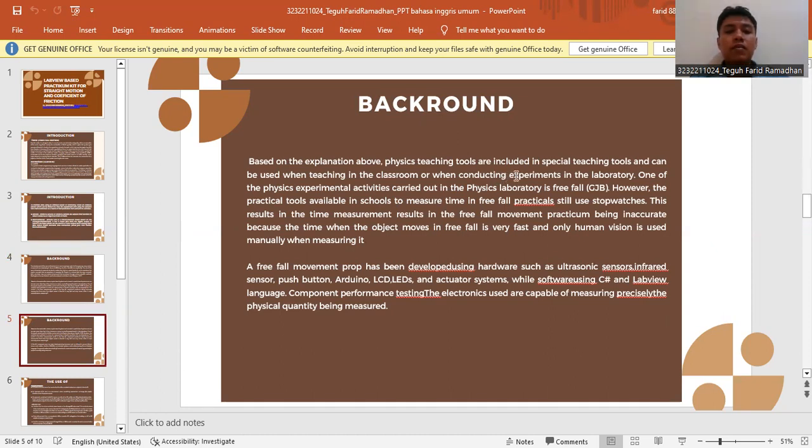One of the physics experimental activities carried out in the physics laboratory is free fall or GLBB. However, the practical tools available in schools to measure time in the free fall practical still use a stopwatch.